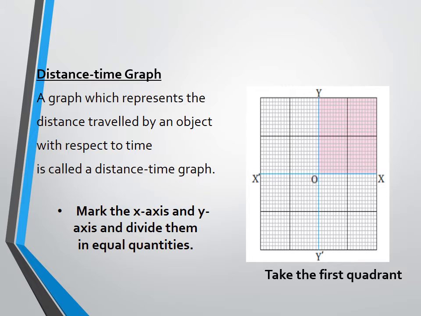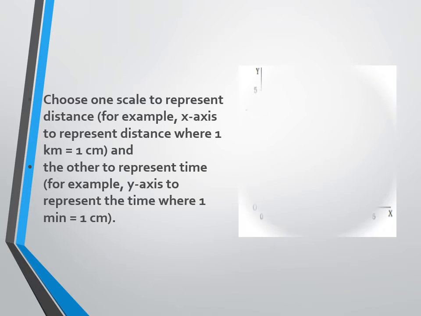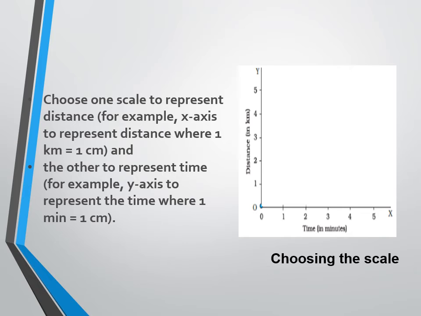First, we need to take the graph paper and draw a horizontal line OX and a vertical line OY at right angles to each other. And we need a tabular column of the distance traveled by a car at various times, for example, distance and time. And then we need to choose the scale.